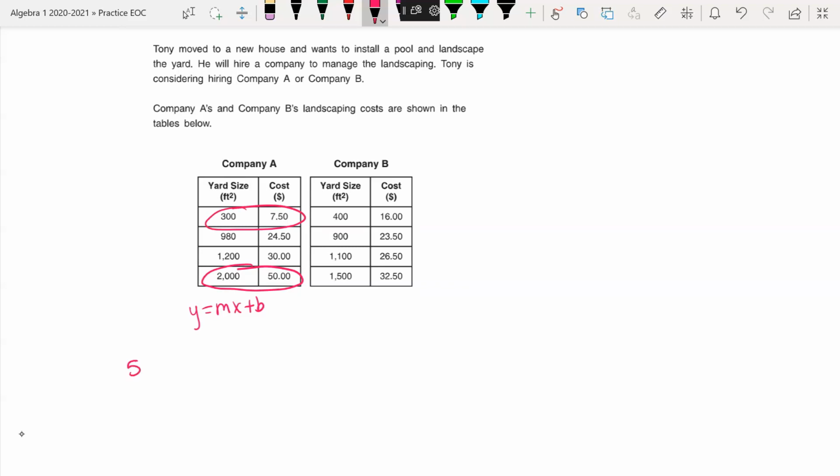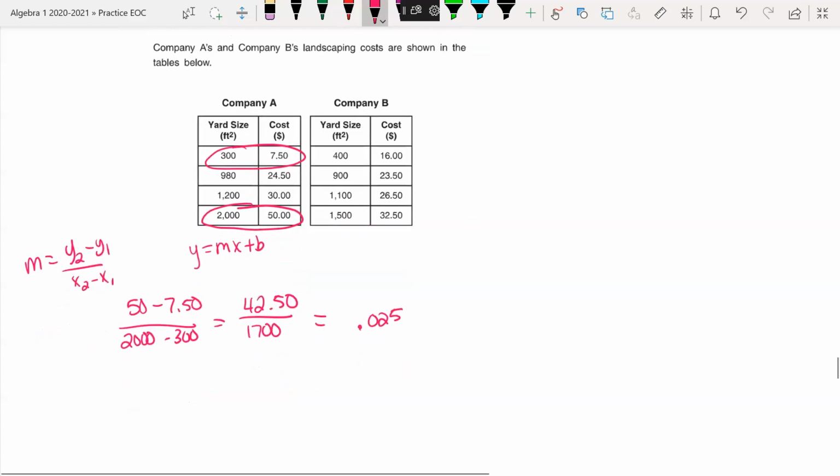So I'm going to take 50 minus 750, so my slope is y2 minus y1 over x2 minus x1 over 2,000 minus 300. So I get 4,250 divided by 1,700, which equals 0.025. So that is my slope.